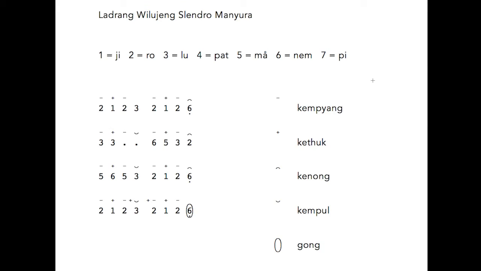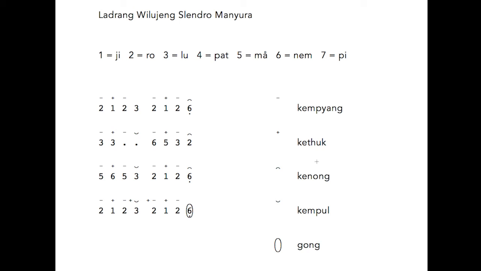Okay, so now we're going to look at the same piece, but instead of following along with the balungan, we're going to add in the colotomic instruments and try and follow along with that part. If you look at this notation, the symbols for the colotomic instruments are all listed on the right-hand side. This symbol we have kempiang, this symbol we have ketuk, this symbol we have kenong, this is kempul, and this is gong.